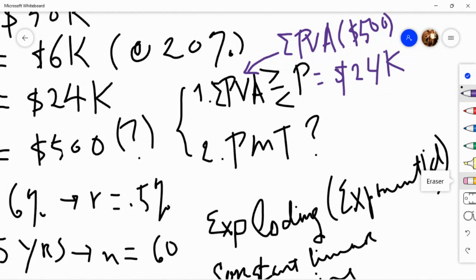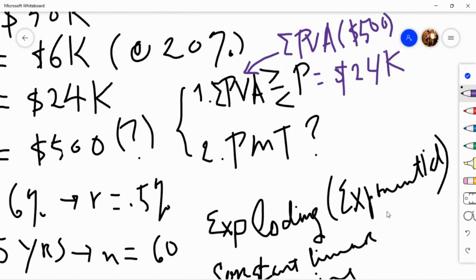If $500 is the correct monthly payment, present value of all of them must be exactly equal to your principal of 24K. Okay.